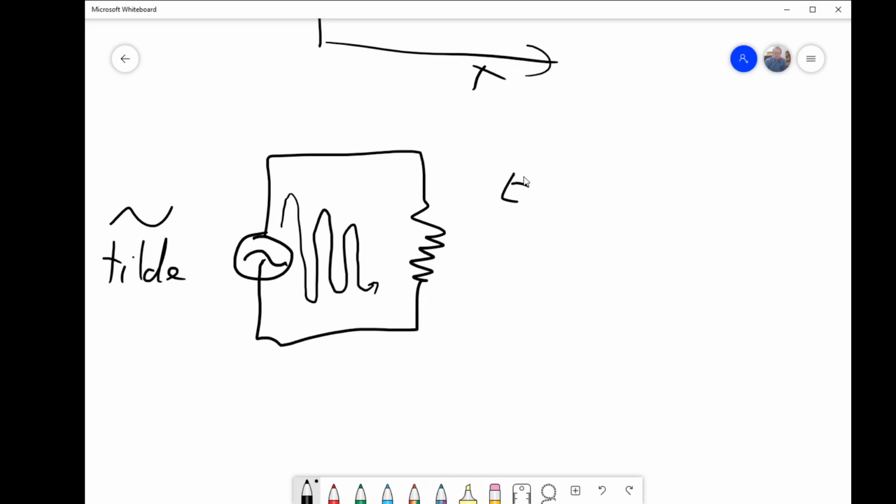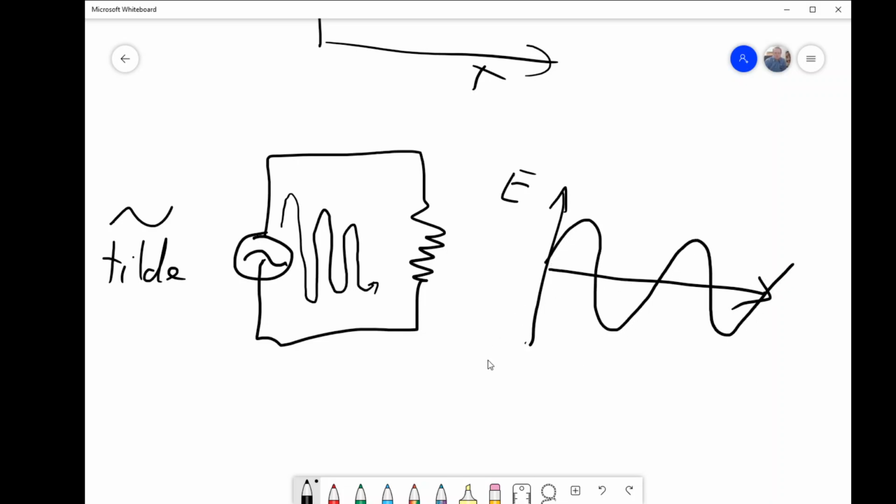If we were to look at the electric field or the electron flow over time, it's best not to have the axis at the bottom of our diagram, because we're going to be seeing this sinusoidal pattern, because it's going to be based on the sine and cosine functions.